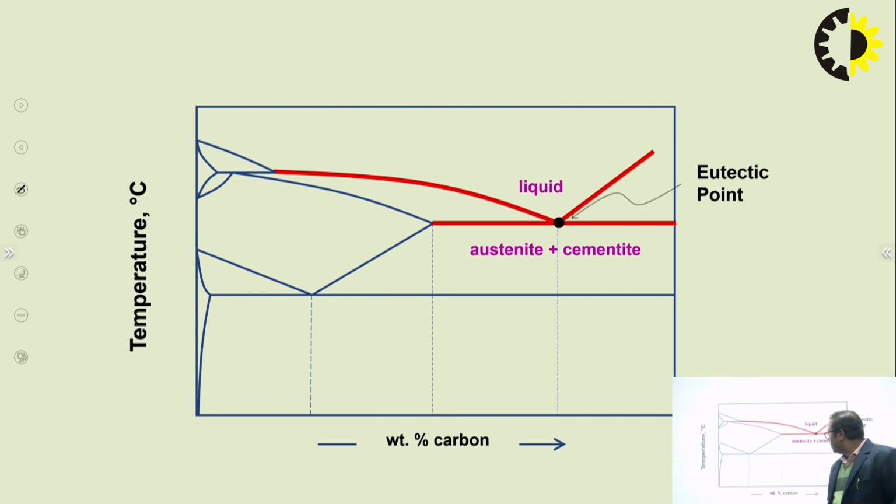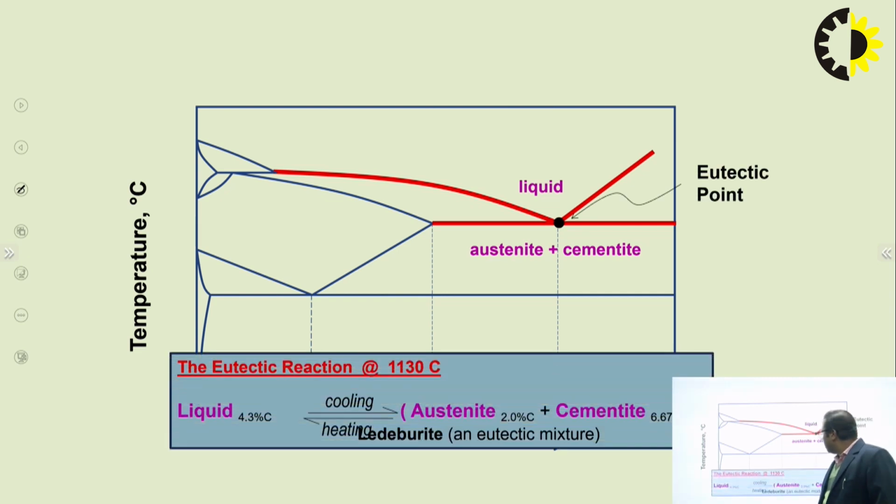Then you can see that the eutectic point is the point where one liquid converts into austenite plus cementite. Austenite is gamma, cementite is Fe3C. This temperature is around 1130 degrees centigrade, or in some books 1140 degrees centigrade.